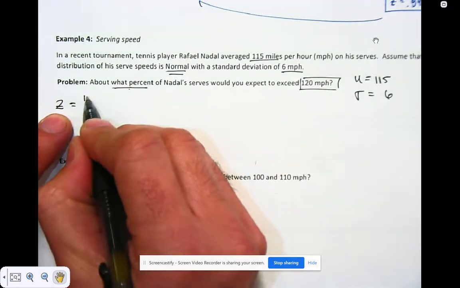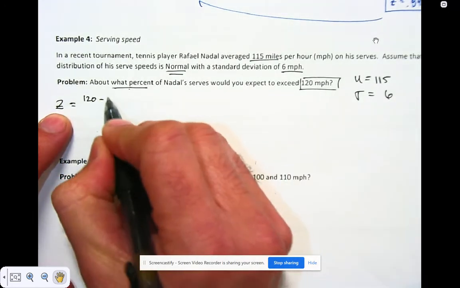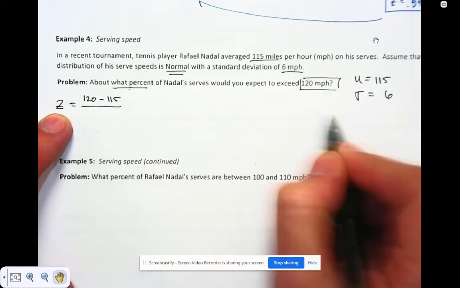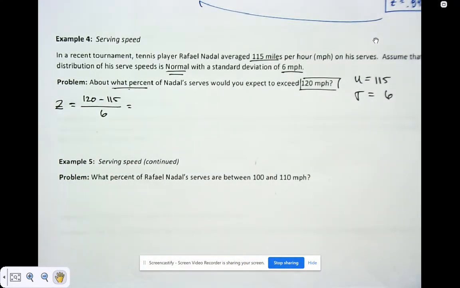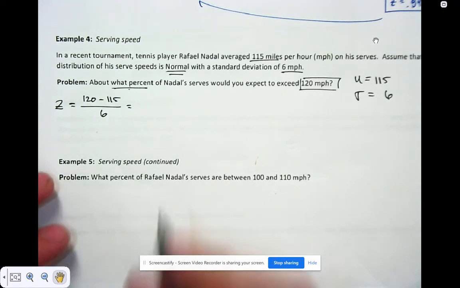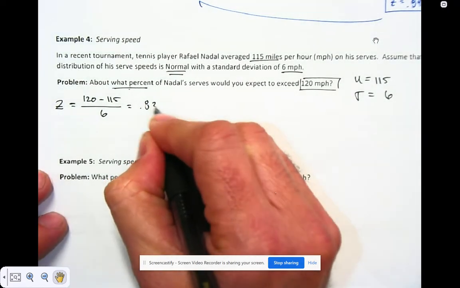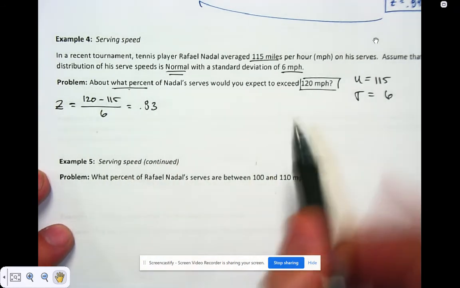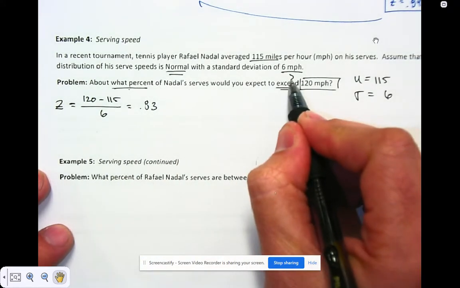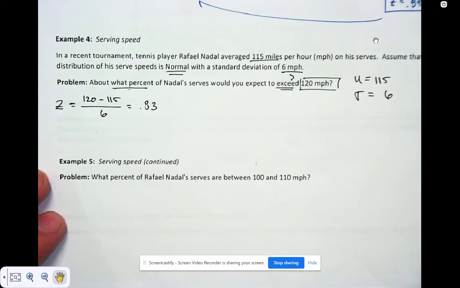We take our value of 120, subtract our mean of 115, and divide by our standard deviation. You're going to get 5/6, which as a decimal is 0.83. We're looking for what percent exceeds it, so greater than 120 miles per hour.